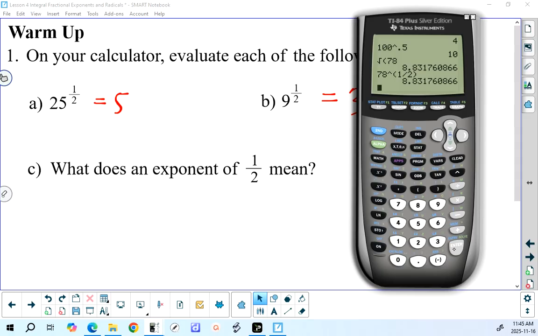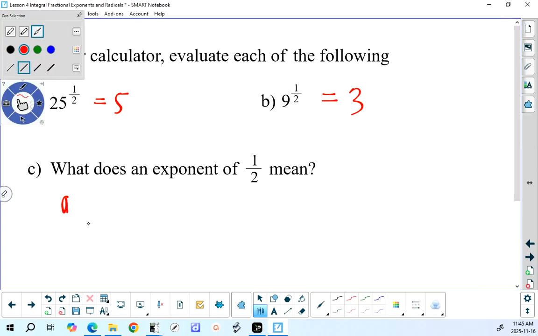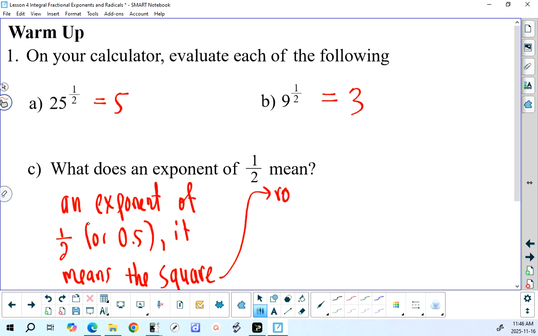So we're convincing ourselves that that's what it means, and it does. We're not going to lie to you here. The fact of the matter is, when you have an exponent of 1 over 2, an exponent of 1 divided by 2, or in decimals 0.5, it means the square root of the radicand.